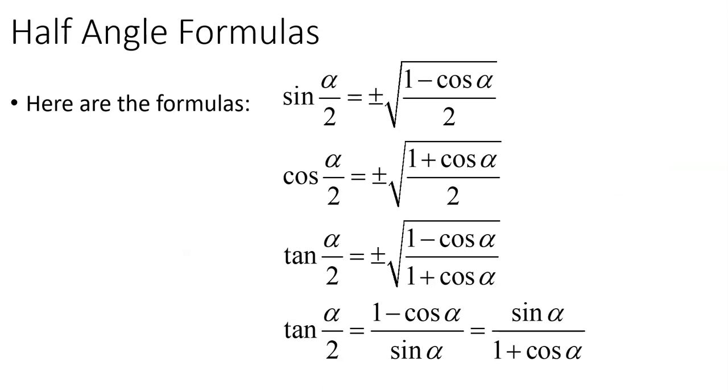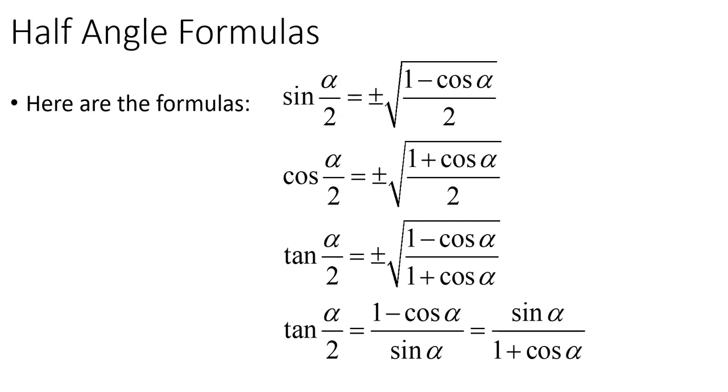So it says sine of alpha over 2 is plus or minus the root of 1 minus cosine alpha all over 2. Your cosine is going to be the same thing with a plus instead of a minus. The tangent is going to be the division of them. And then there's also two other ways to write the tan of alpha over 2 involving 1 minus cosines and 1 plus cosines.